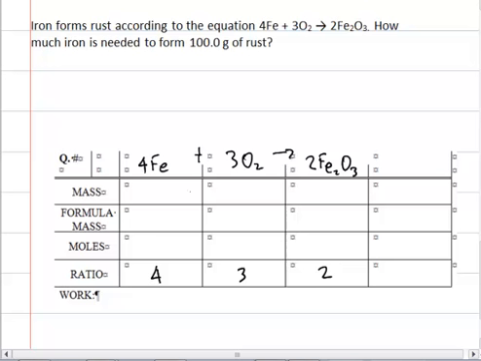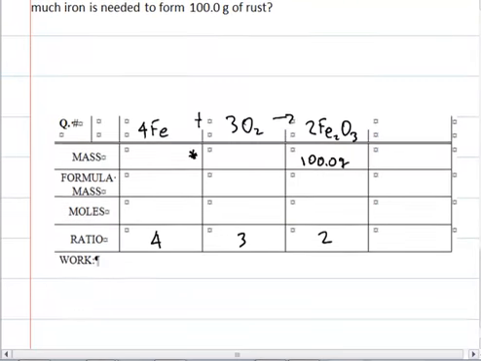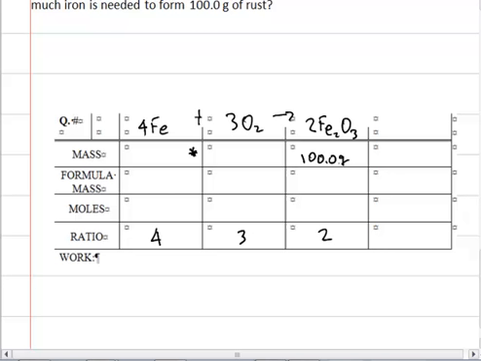We are being asked how much iron is needed to form 100.0 grams of rust. So we're going to start here with this 100.0 grams of rust, and we have to go up here to the Fe. Let me draw this line in again.